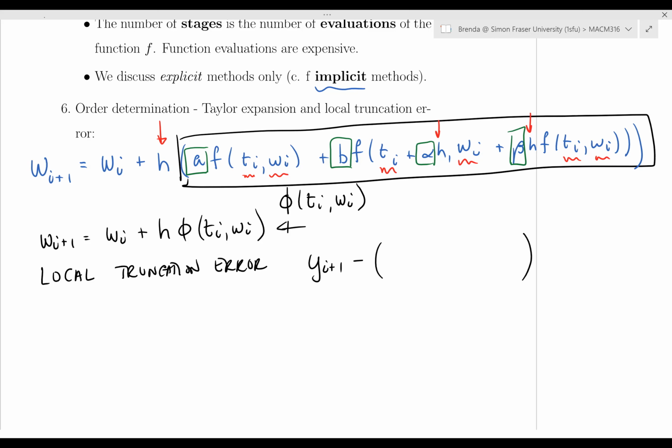If I want to write the local truncation error, yi plus h times this. Okay, so this is correct, thank you. What we're saying here is the exact value at i plus 1. Here is the update rule applied to the exact value of the solution.